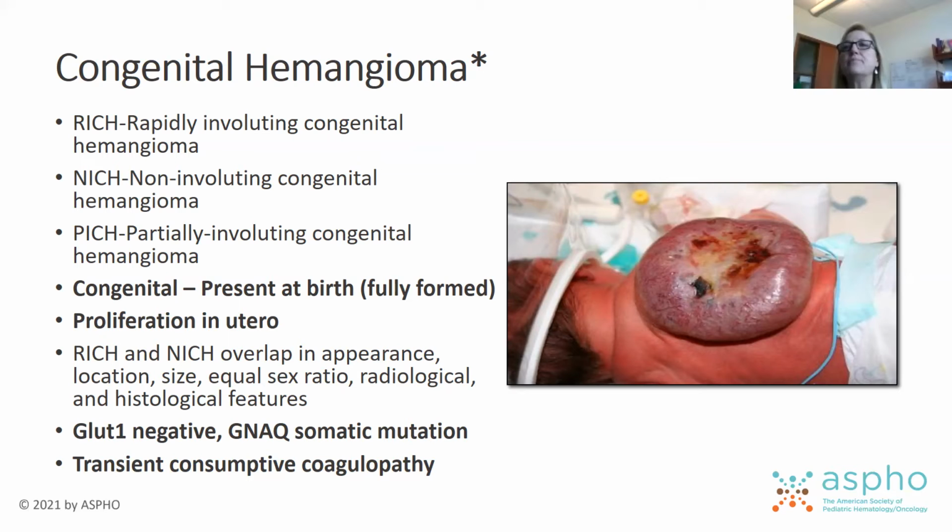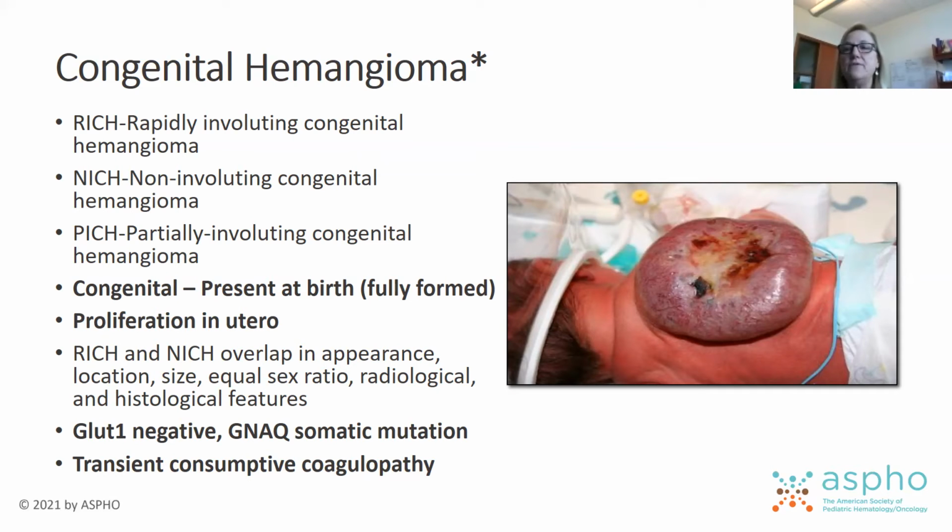They are present and fully formed at birth. The proliferation of these happened in utero. And versus infantile hemangioma, there's no predilection for sex, so they're equally as apparent in females and males versus infantile hemangiomas that are more prevalent in females.